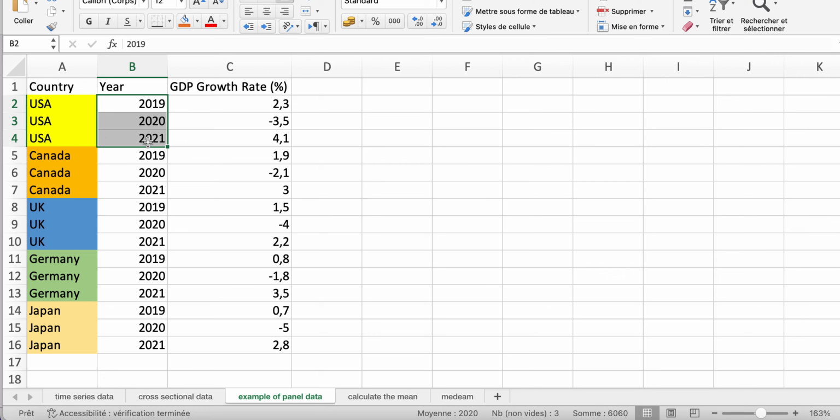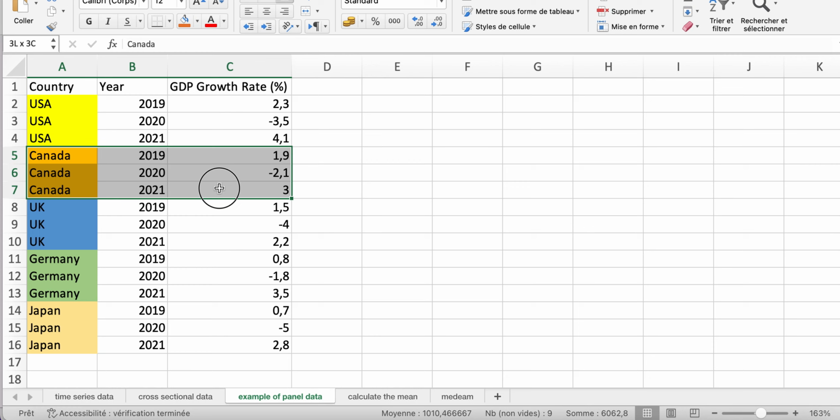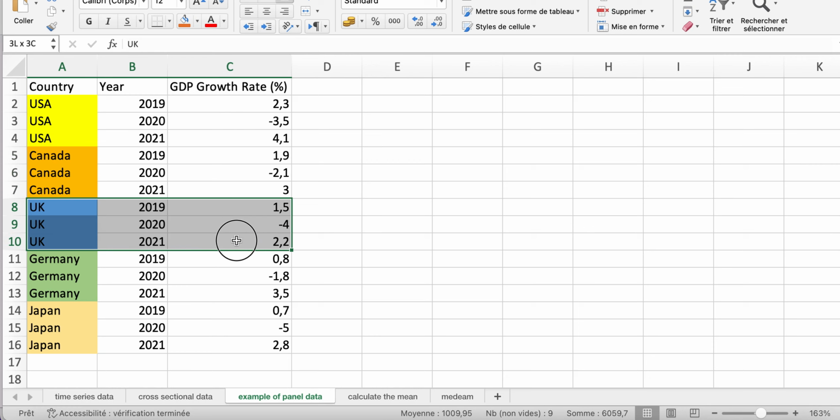We have 3 years and 5 countries. So we have the time series for USA, the time series for Canada, for UK, for Germany, and Japan.